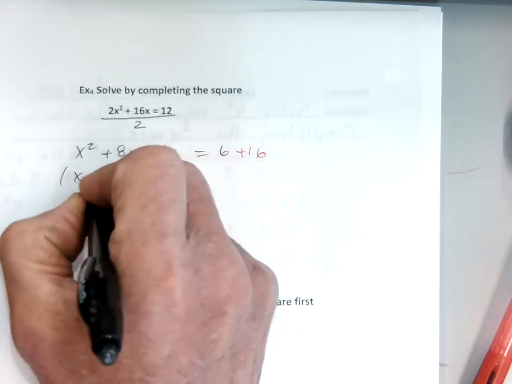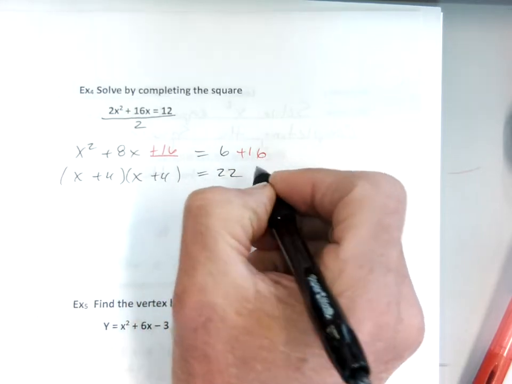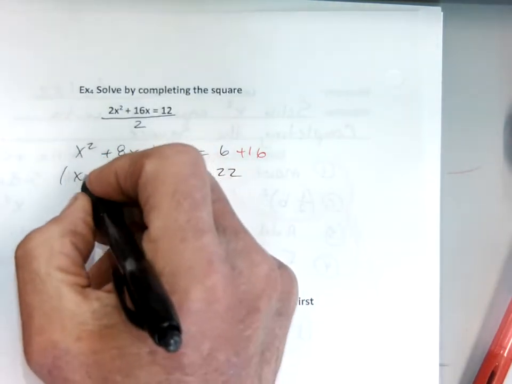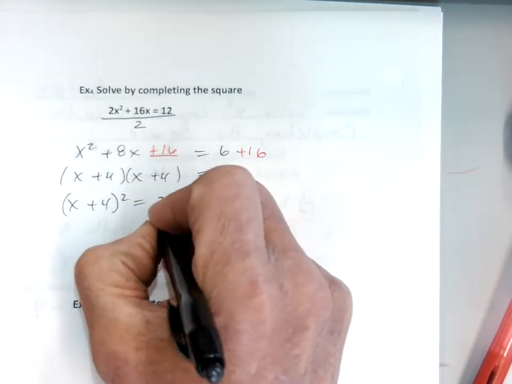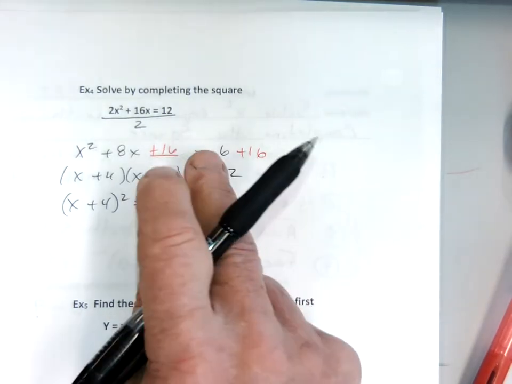x plus 4 squared equals 22, right? You have to do it on both sides.